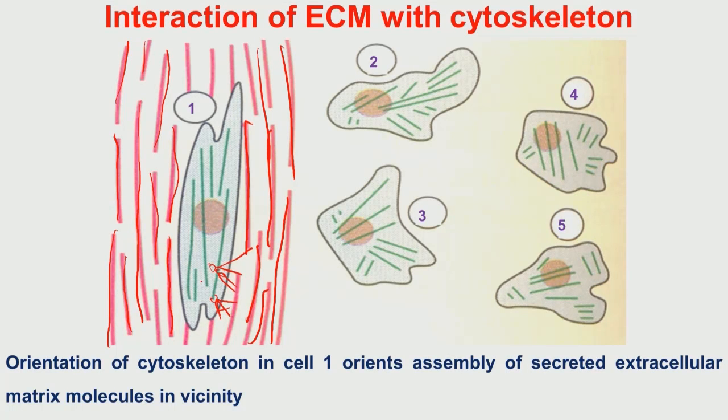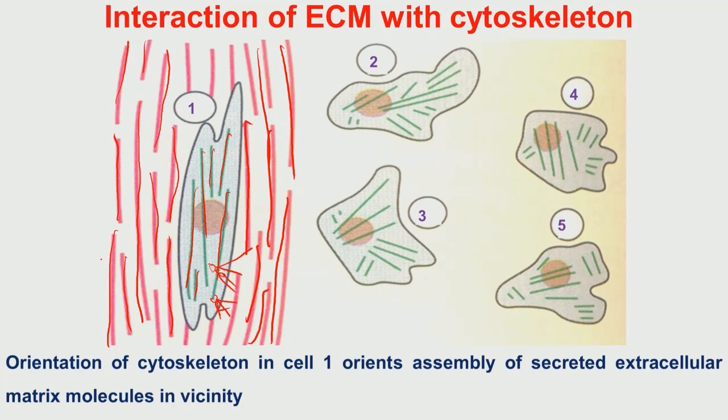Now, once this extracellular matrix forms, the orientation of the collagen fibers and the orientation of the actin filaments, as you can see, are almost parallel to each other.